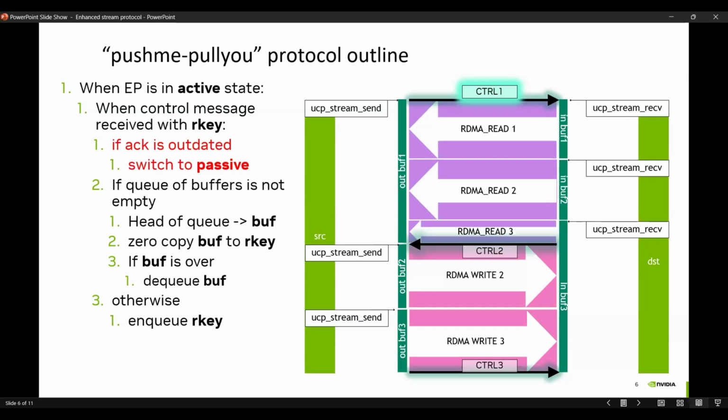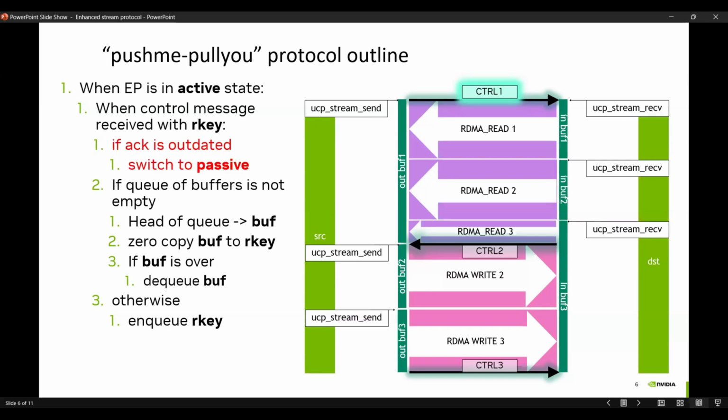Just a quick question. Do I understand correctly that we don't need any API change for that? You're just describing how to implement rendezvous protocol efficiently for Stream API.